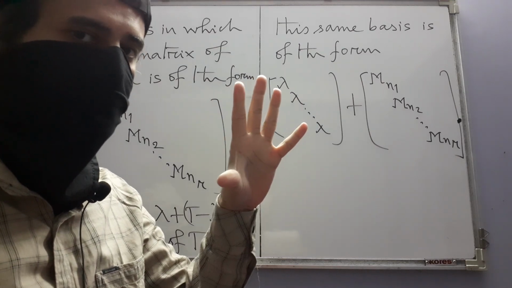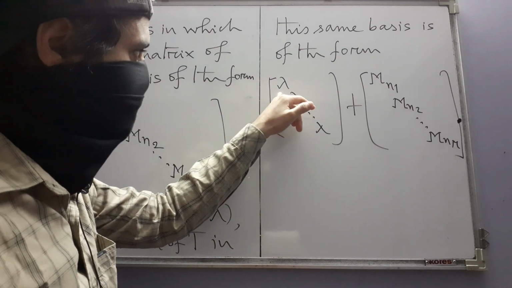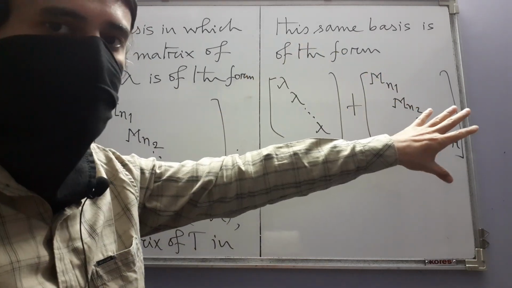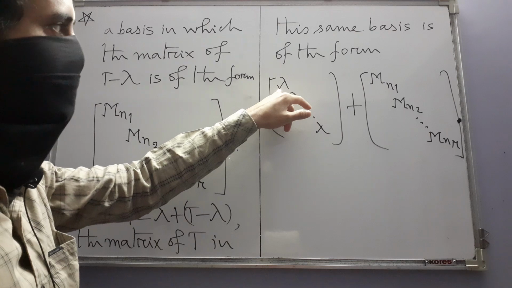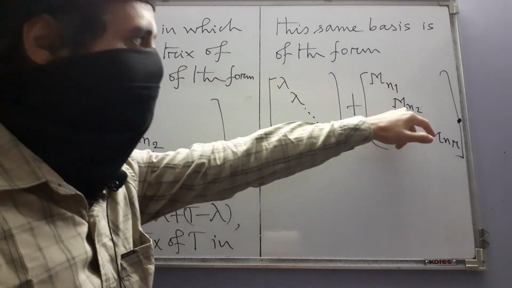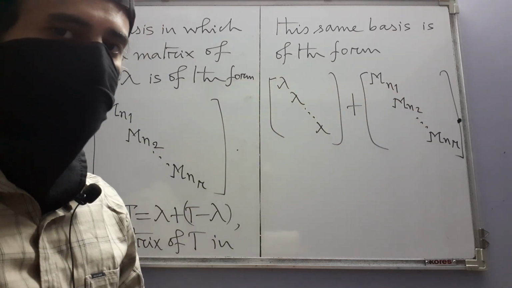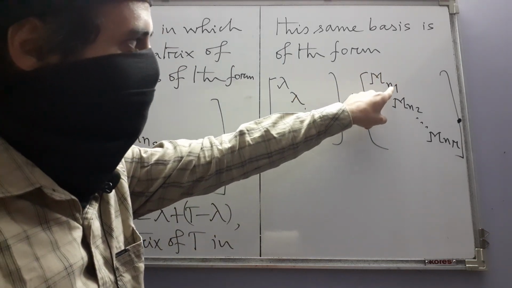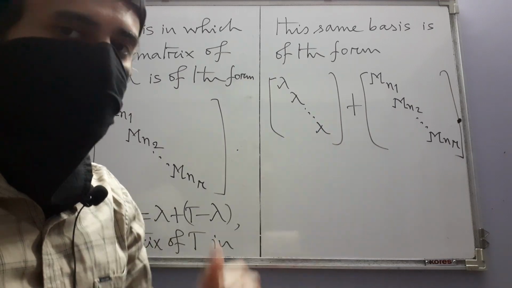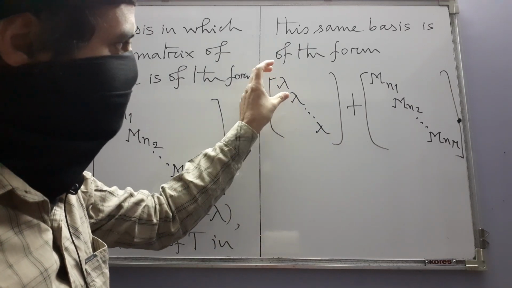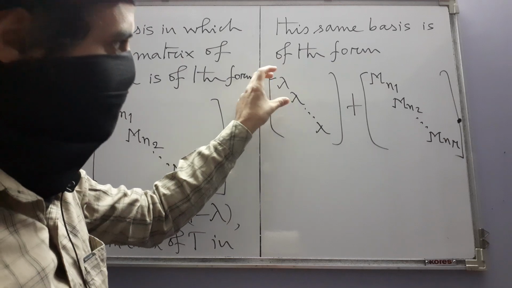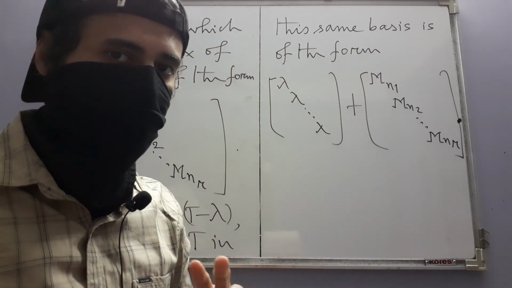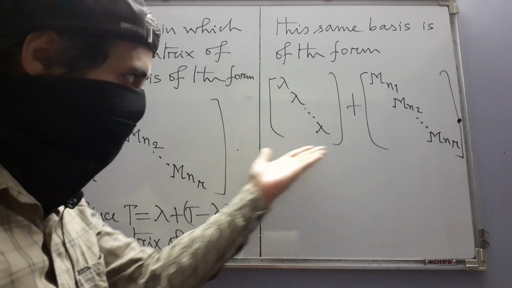They may have larger size. Here, however, these lambdas are individual entries. So, although the sizes are equal, you cannot make this lambda correspond to mn1, this lambda corresponding to mn2. You cannot think like that. If, for example, the size of mn1, in fact, if n1 is equal to 2, then you have to consider these two lambdas, and together they will give you a 2 by 2 block that will correspond to this one. Okay, so like that you have to make the link, because now you are going to add.